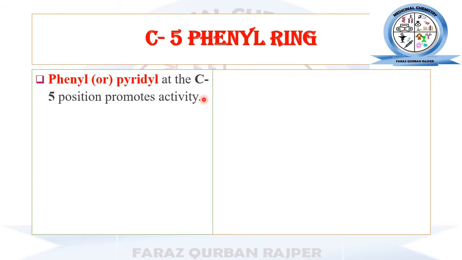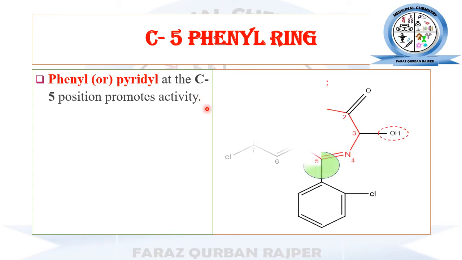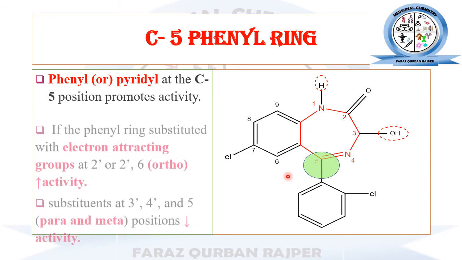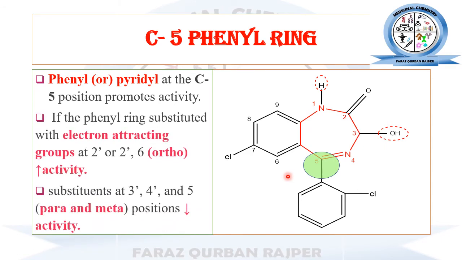C5 phenyl ring. The C5 position of the benzodiazepine at the diazepine ring must be substituted with the phenyl ring. The phenyl ring is essential for the biological activity of the benzodiazepine.